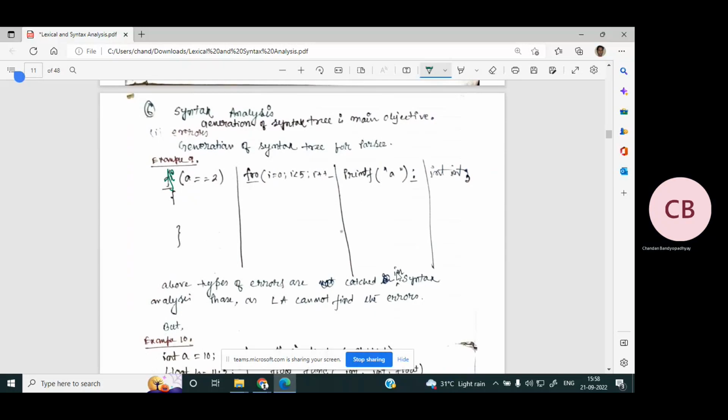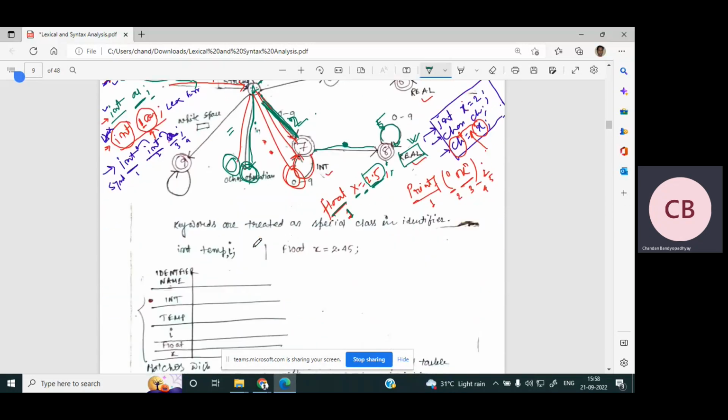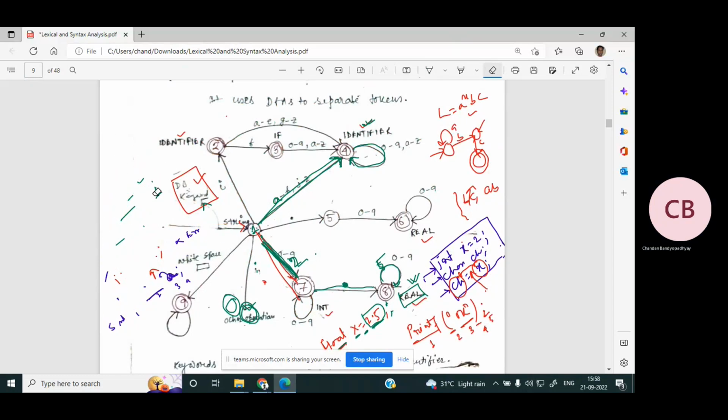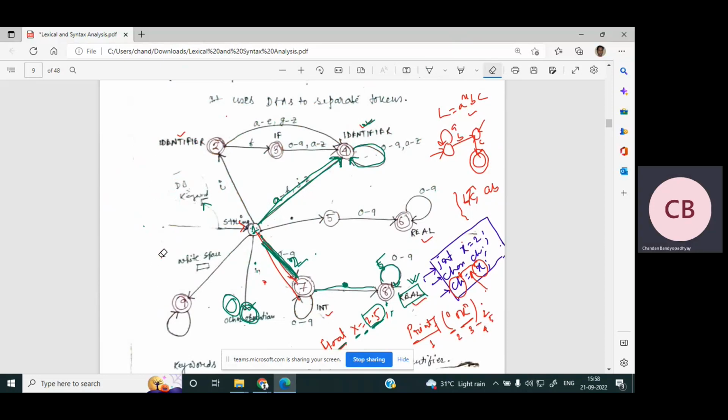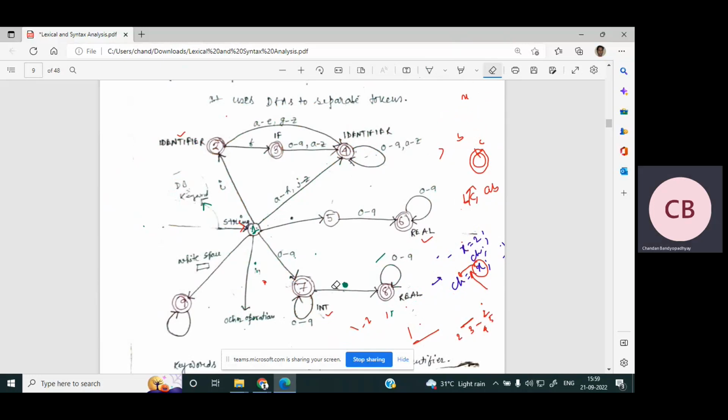Before moving to this segment, let me give one more example, then it will be much more convenient for you to understand. Let me erase this section and clear this part first.